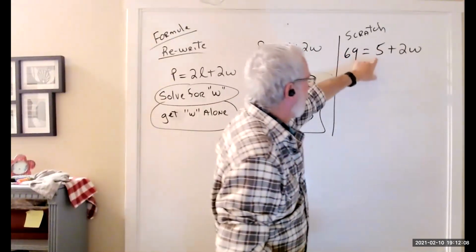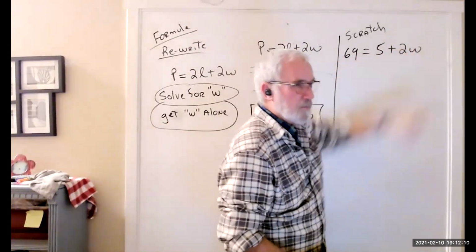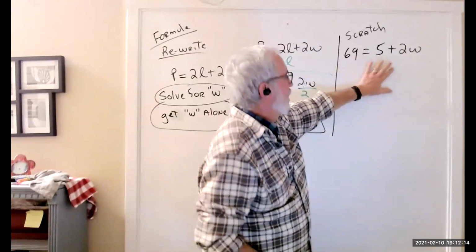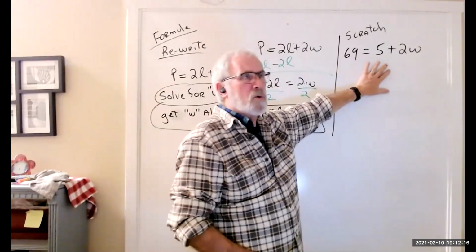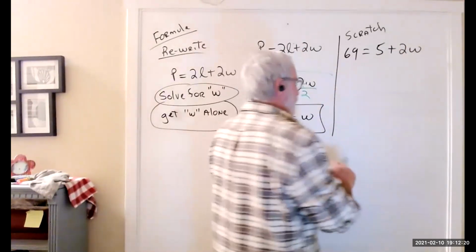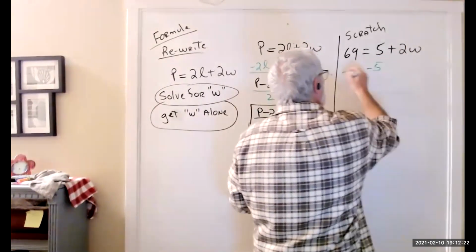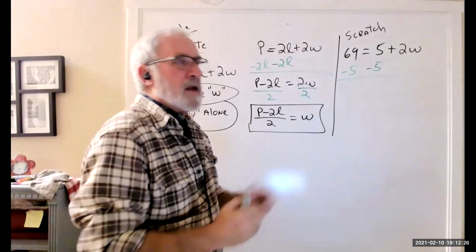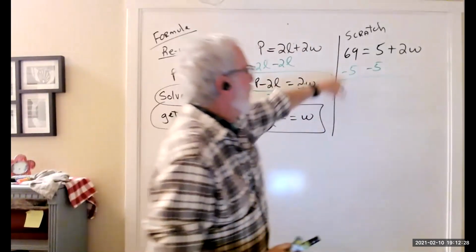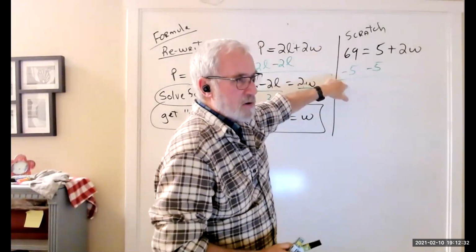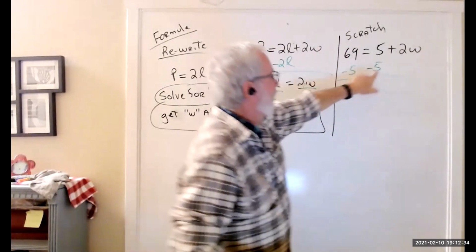So then I'd ask myself, okay, well, in this problem, what would I do? Oh, I'd take away 5 from both sides. Now, it turns out that we can take away 5. We can do 69 take away 5. But this guides me.